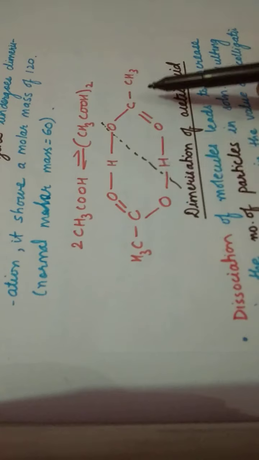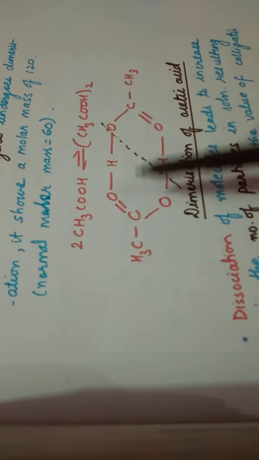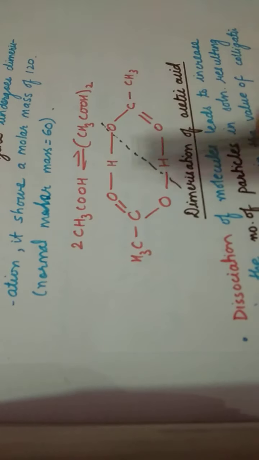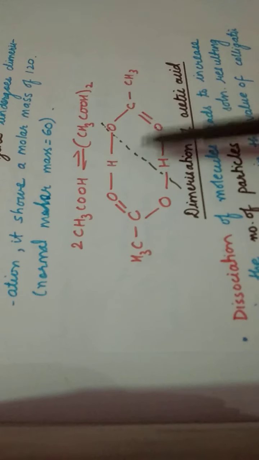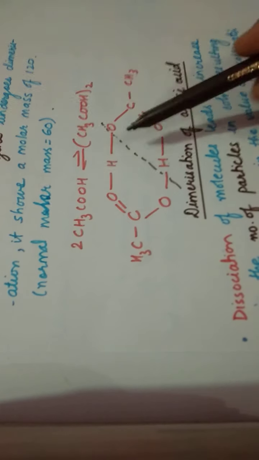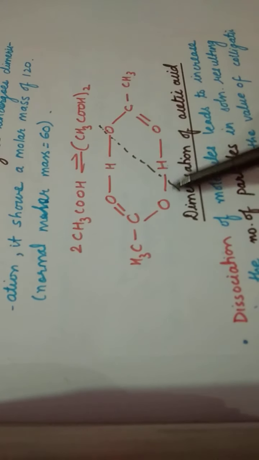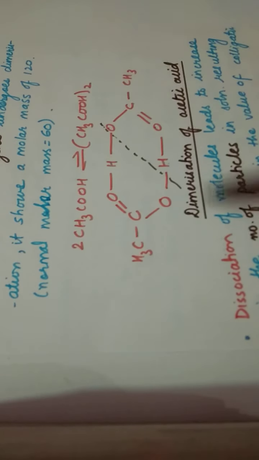When you are dissolving this acetic acid in benzene, these two molecules of acetic acid, one is this one, second one is this one, will combine together with the help of a hydrogen bond and form a dimer.